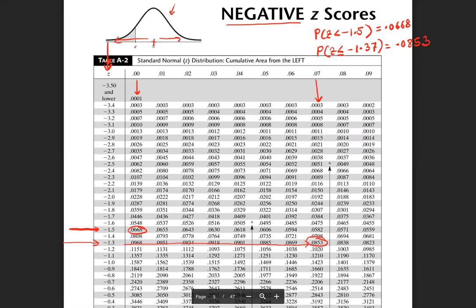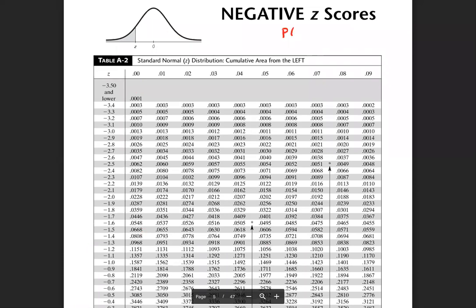I'm going to ask you a simple question here. Probability of Z less than negative 1.5 is 0.0668. So let's say this is my negative 1.5. Now, here is another question I'd be asking everybody.